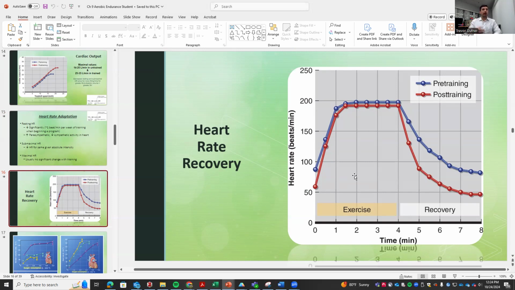The only reason that your heart rate can go back to baseline faster after training is because there is no longer that stimulus around the body for as long. So because your tissue is more capable of returning to normal, and because all the mechanisms involved in aerobic exercise become more efficient at returning to normal, this allows your heart rate to also return to normal more rapidly.